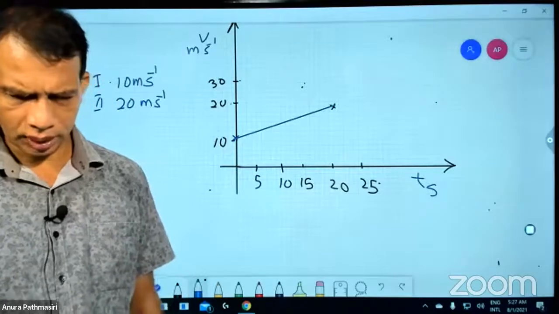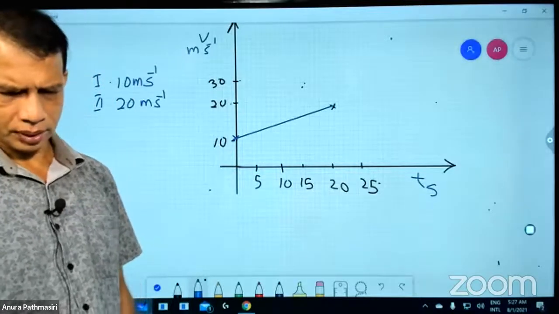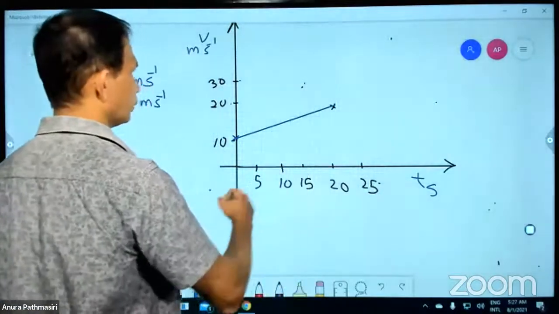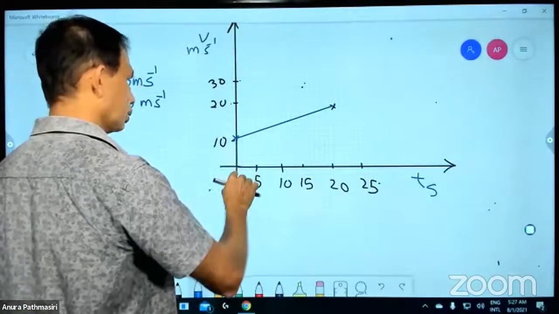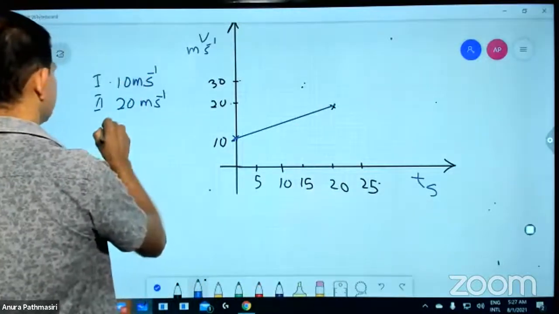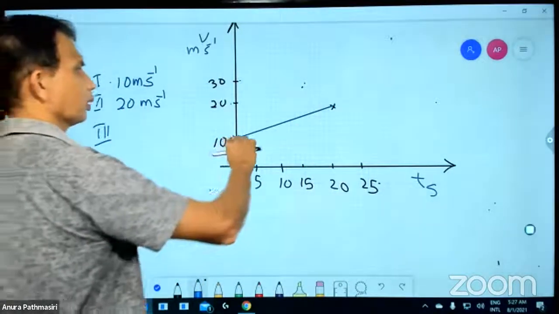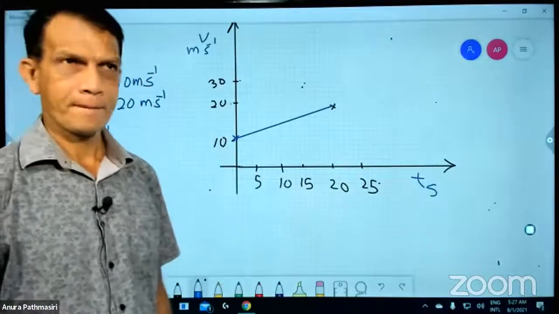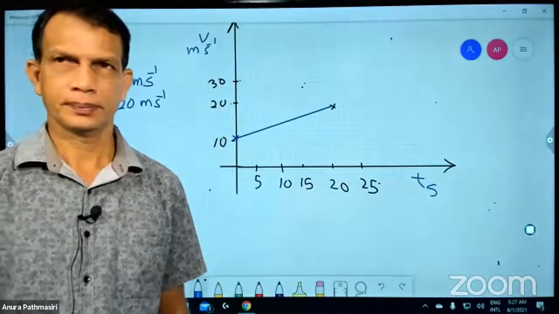What is the nature of the motion between 0 second to 20 second? Acceleration.